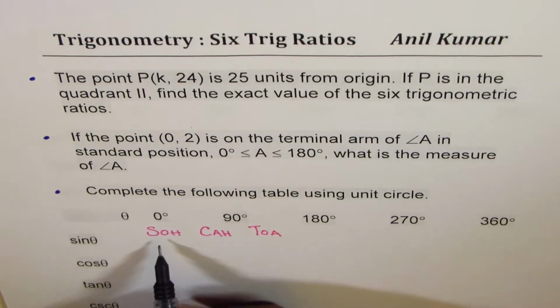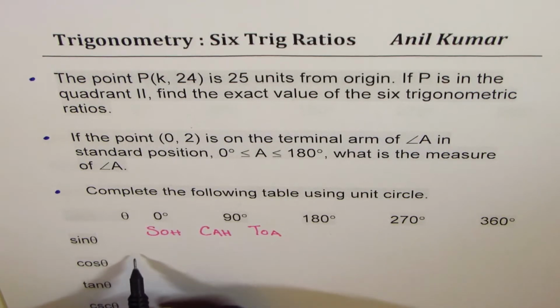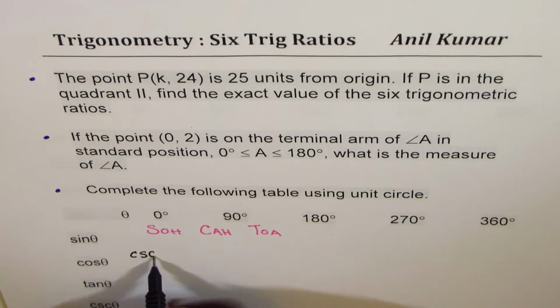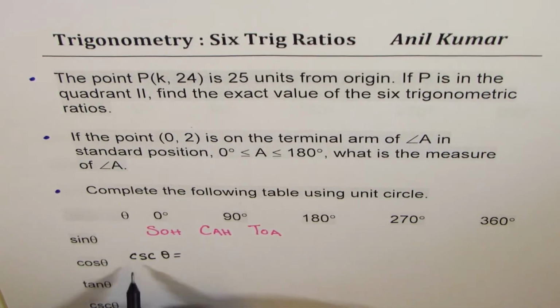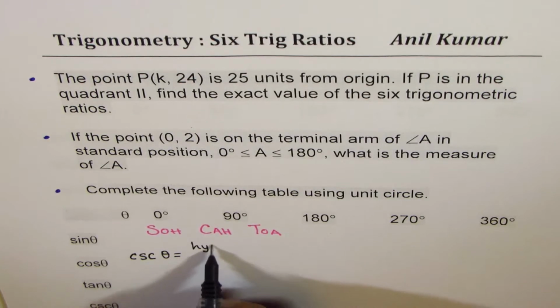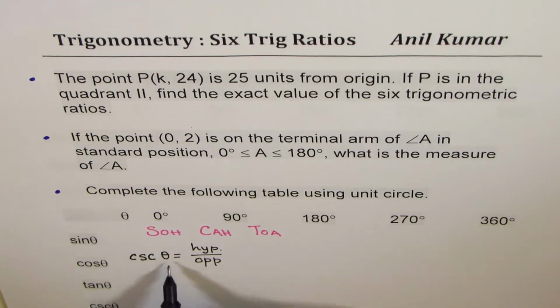So the reciprocal of sine is called cosecant. In short, we write like this, cosecant, right? So cosecant theta is actually equal to hypotenuse over opposite side. So it's the reciprocal of sine, correct?